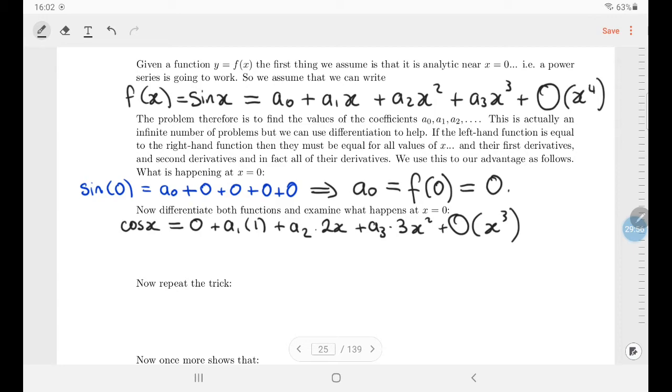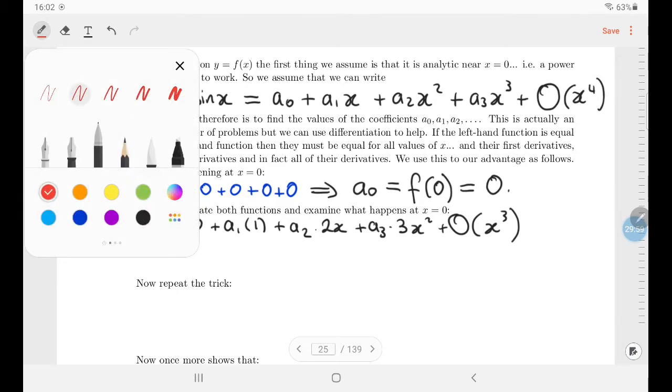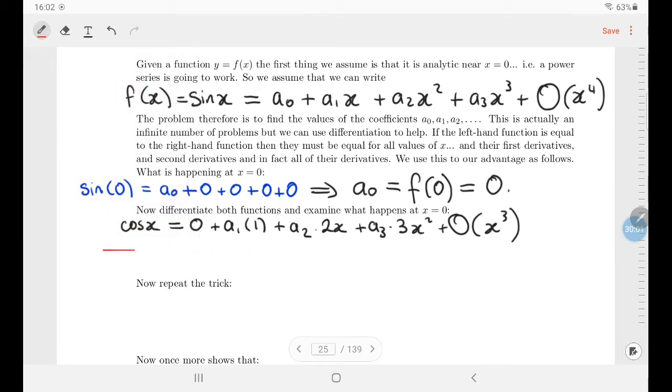Handy. And now I'm going to substitute in x equal to 0 into both of these. If I do that, I get cos of 0 is equal to, now that's 0, I get a1 times 1, which is just a1, a2 times 2 times 0 is 0, a3 times 3 times 0 squared is 0, and then multiples of 0 cubed, I just get zeros.